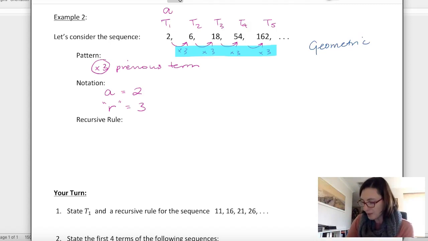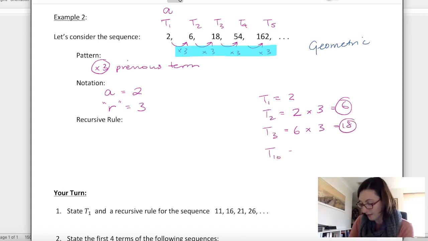Well, to get from term 1, which is 2, to term 2, I need to use the previous term times 3. To get to term 3, I need to use the previous term, which is 6, and multiply it by 3. So if I want to get to term 10, I'm going to have to know term 9 that I'm going to multiply by 3.